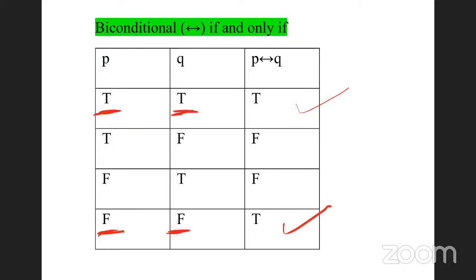Very good. The XNOR gate. Biconditional is 2 arrows, back to back arrows. Check out these a little bit.